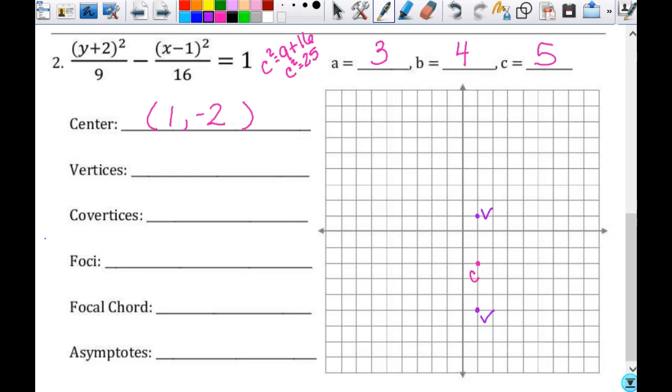There are my 2 vertices, right? Which means that this is 1, comma, and then -2 minus 3 is -5, and -2 plus 3 is 1. Okay. And those are the points that I have, 1, 1, and 1, -5.